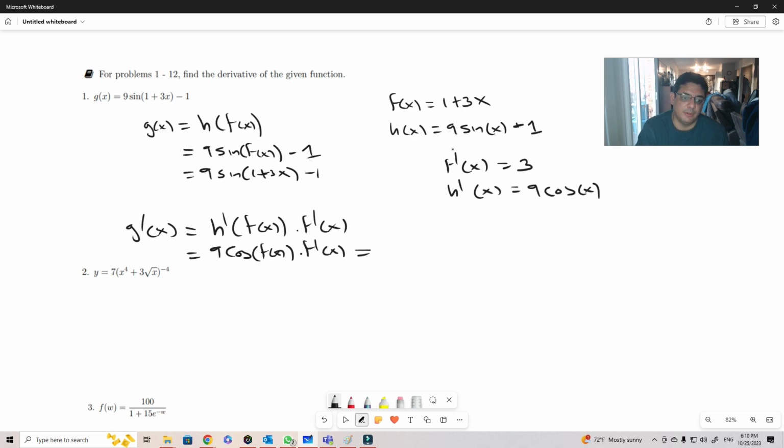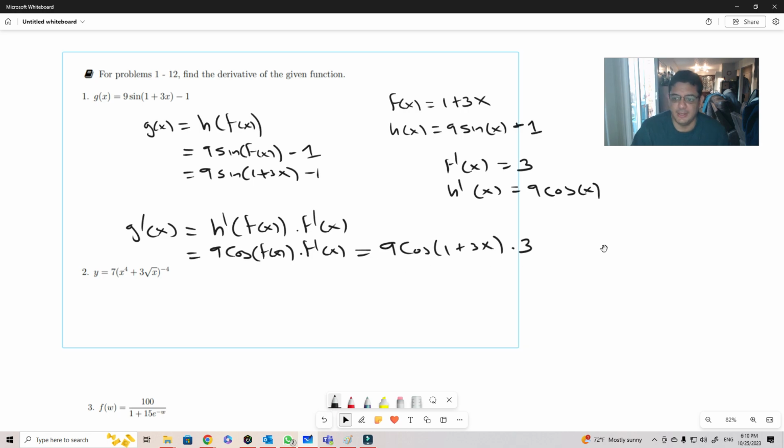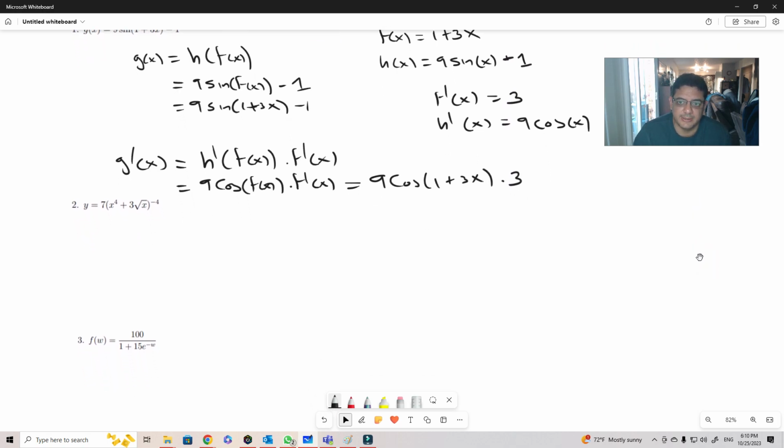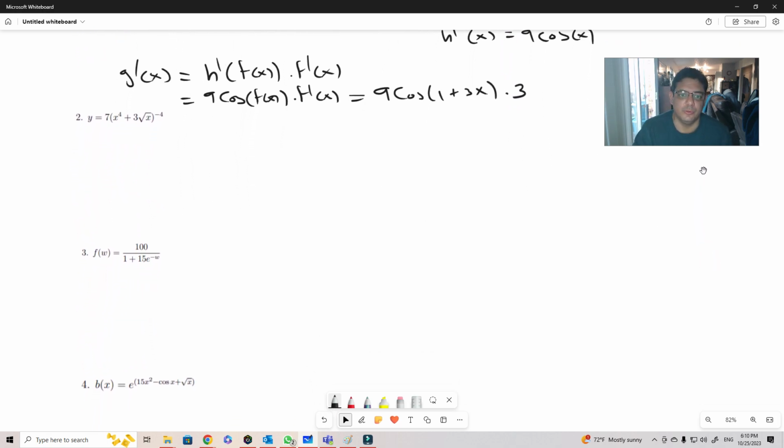And then finally we can just replace by what f of x and f prime of x are. So in this case it will be 9 cosine of 1 plus 3x times 3. Okay, so that is one approach, which requires identifying who's the inner and the outer function.